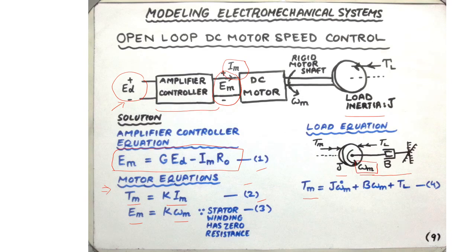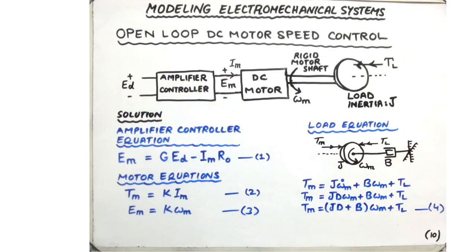Therefore, the equation will become Tm equals J omega m dot. Omega m dot represents the angular acceleration, just remember that, plus beta times omega m plus disturbance torque TL.